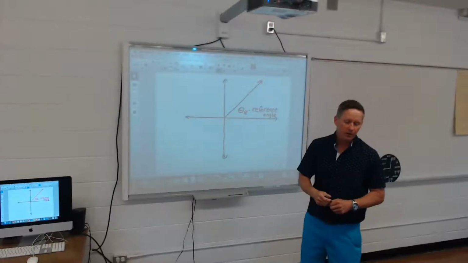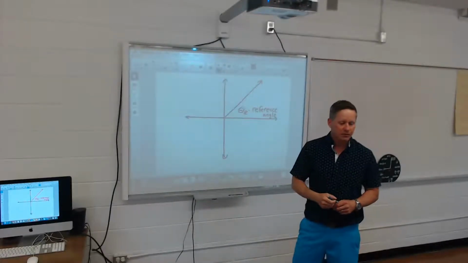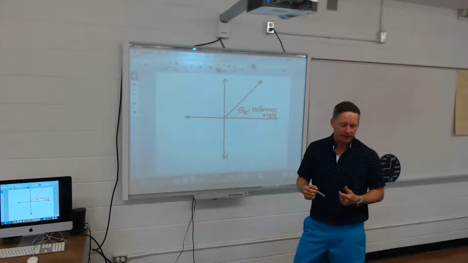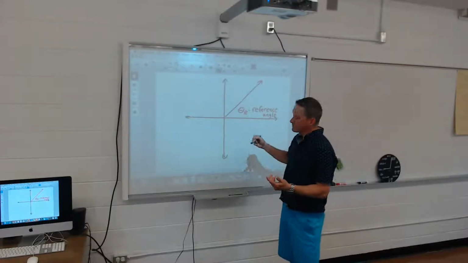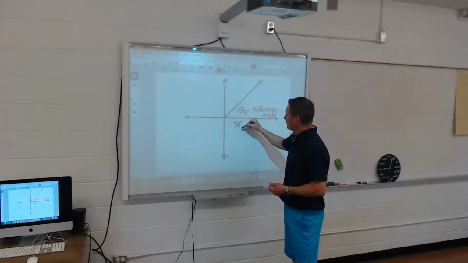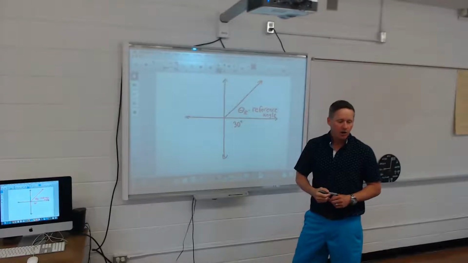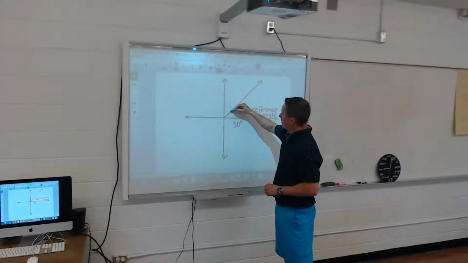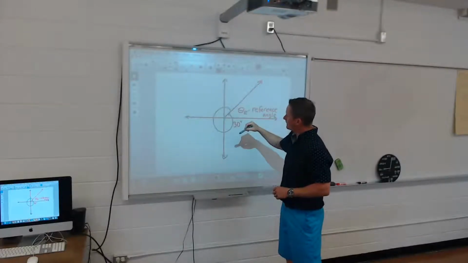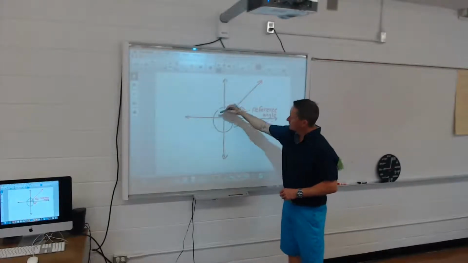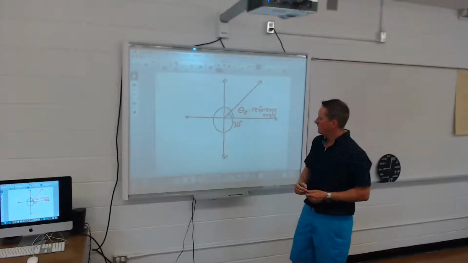A coterminal angle. A coterminal angle is an angle that's in the exact same position. So how do I find that? Well, let me use an example to show you. Let's say my reference angle is 30 degrees. A coterminal angle is an angle that would go either all the way around that way and end up back in the same spot, or in the reverse direction and end up in the same spot.